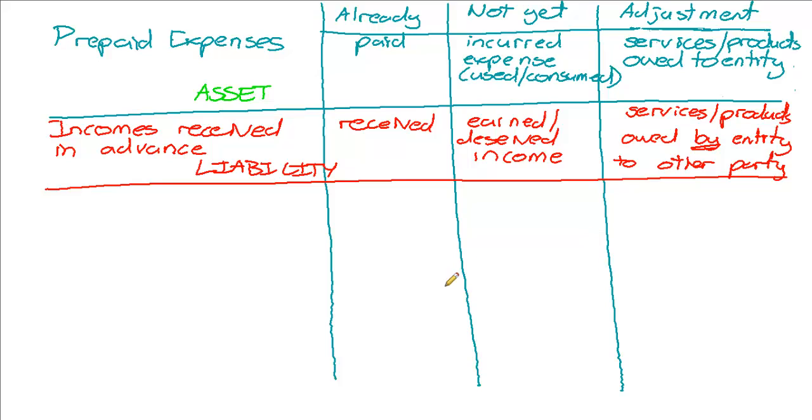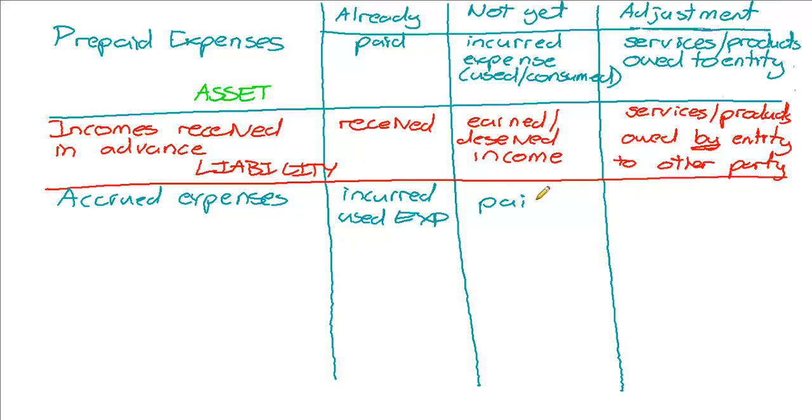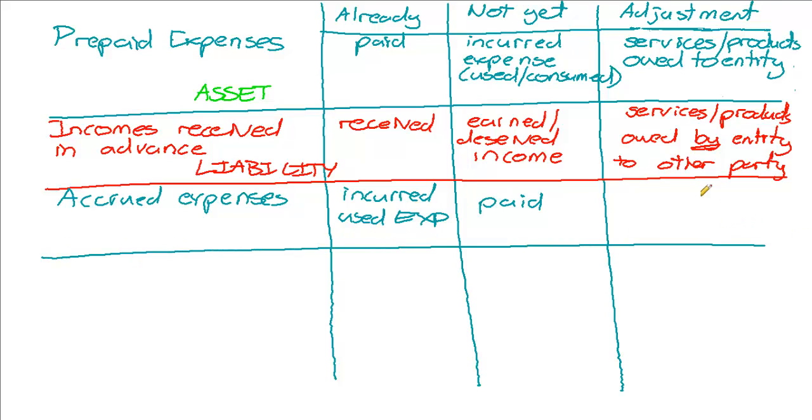And then the last two, just quickly, let's first look at accrued expenses. What happened here was we've actually already incurred the expense. It's the opposite here. We've incurred or used the expense, but we have not yet paid for it. So you can see it's the exact opposite of the prepaid expense. And therefore, because we've already used, for example, the example we had was water and electricity, we've already used that, but we've not yet paid that, we owe money.